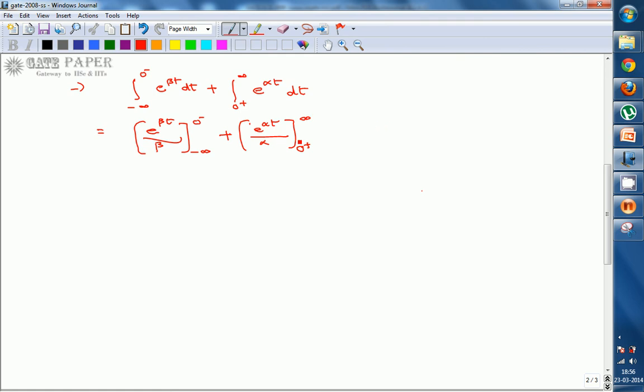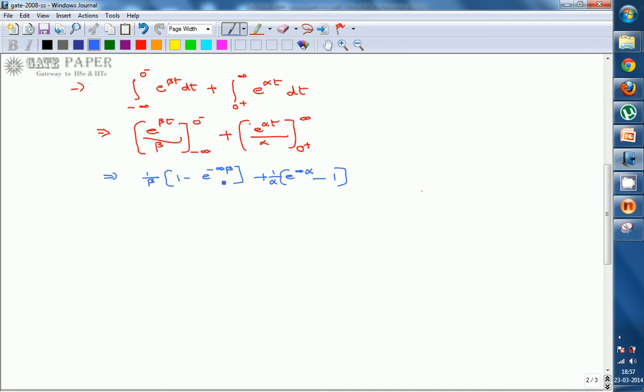Now, in order to get this total summation less than infinity, by substituting the limits we get 1 by beta of e power 0, which is 1, minus e power minus infinity beta, plus e power infinity alpha minus 1, multiplied with 1 by alpha.